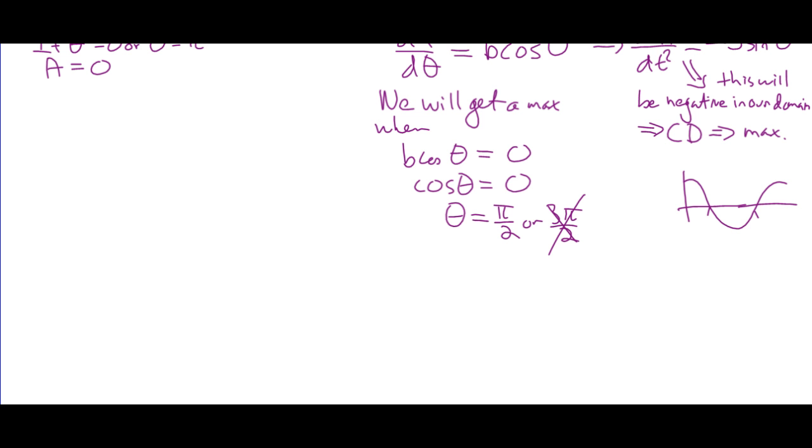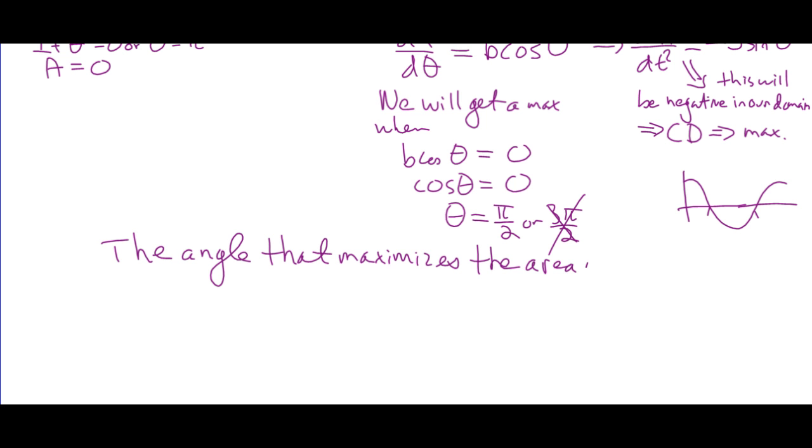If theta is 0, we know that the height will be 0 and you'll get no area. If theta is pi, the height will be 0 and there will be no area. So the angle that maximizes the area is theta equal to pi over 2.